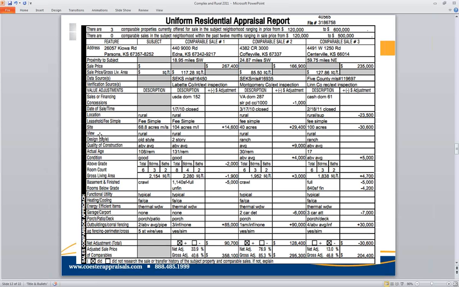This property is on 68 acres, and the comps are 104 acres, 40 acres, 100 acres, which isn't that bad a difference. The home is 108 years old, then you've got 131 years old. Square footage is relatively okay. And then you've got a whole bunch of adjustments here.